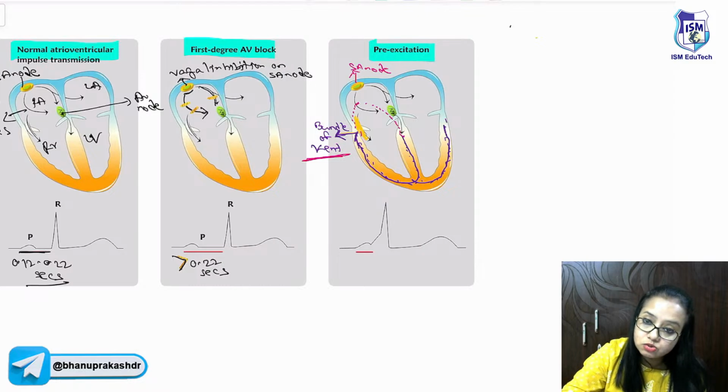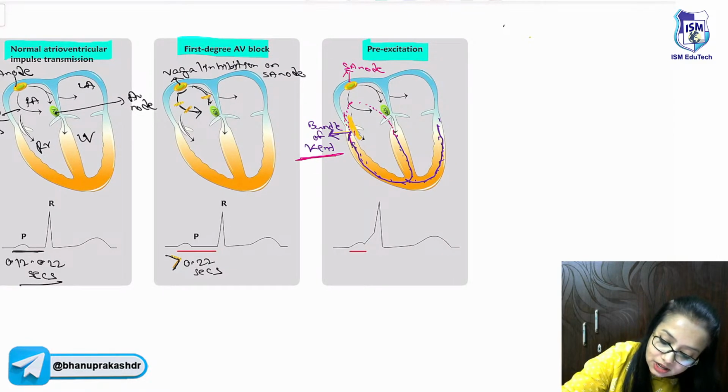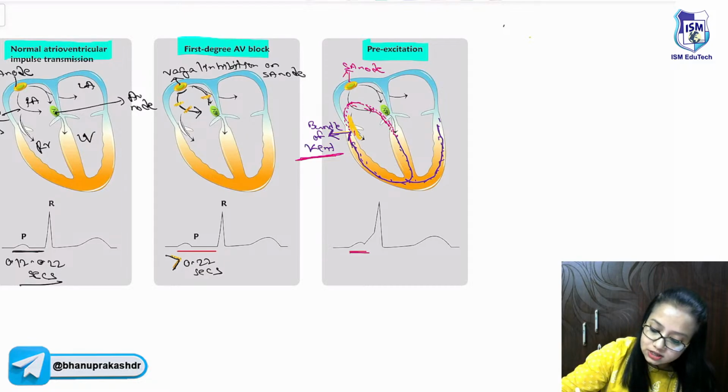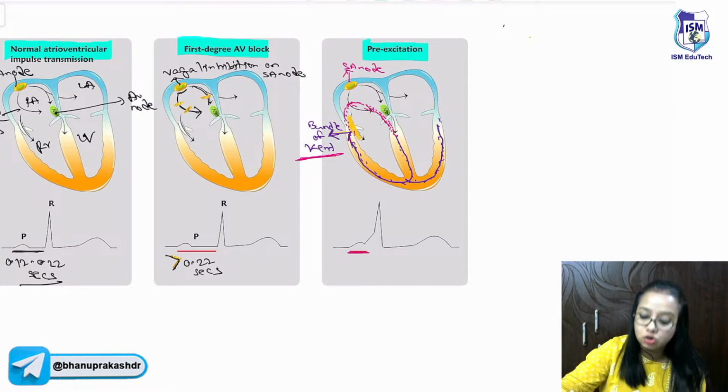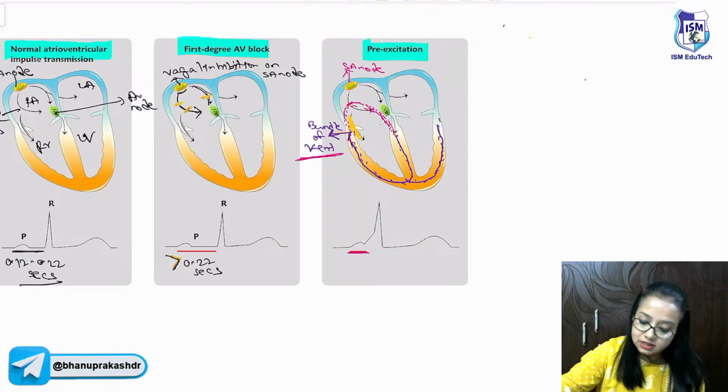So when it goes to the right lateral side, it will find the bundle of Kent. So instead of ensuring repolarization, this current will again re-enter the ventricle and will excite the ventricle abnormally. So here the impulse is taking much shorter time, due to the re-entry of the current.